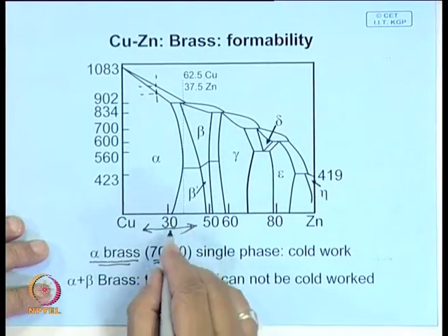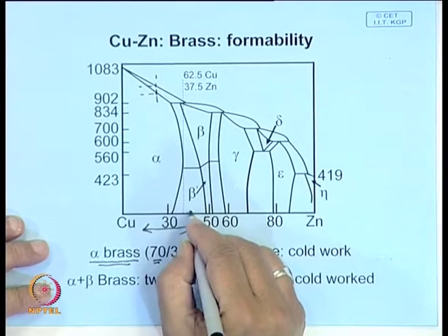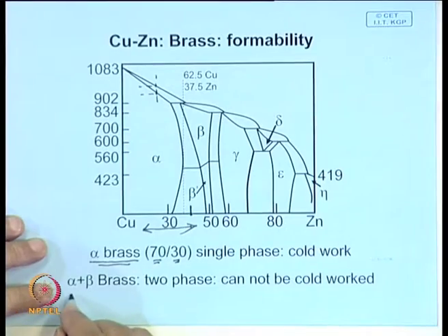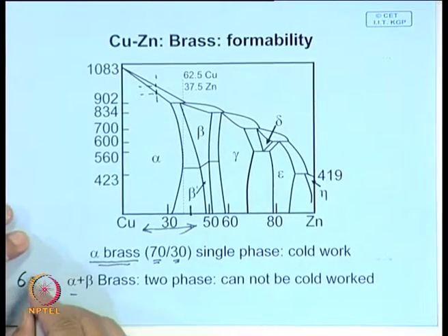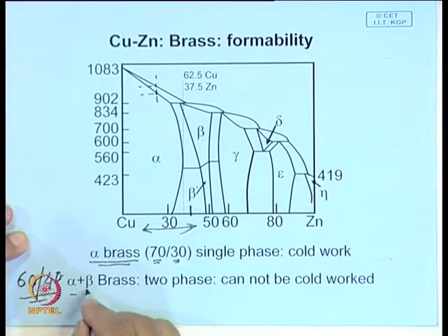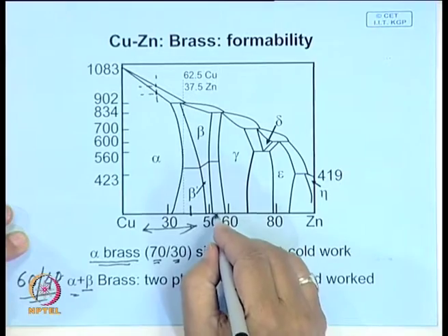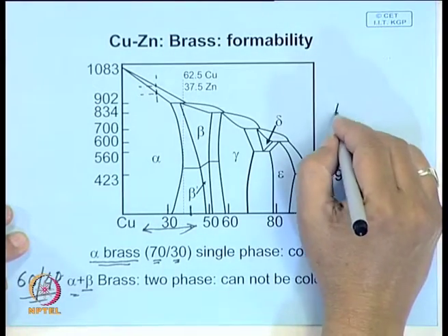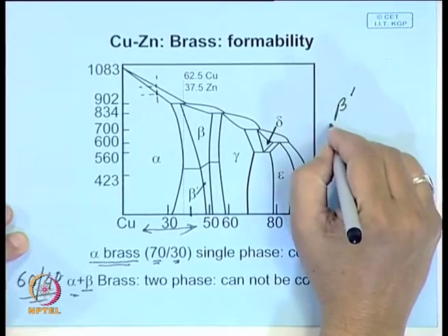But what happens if you have a brass somewhere here, which is 60-40 brass, 60% copper, 40% zinc. At room temperature, it is made up of alpha and beta phase. Beta is an intermediate phase. It can also have an ordered structure; beta sometimes becomes beta prime.